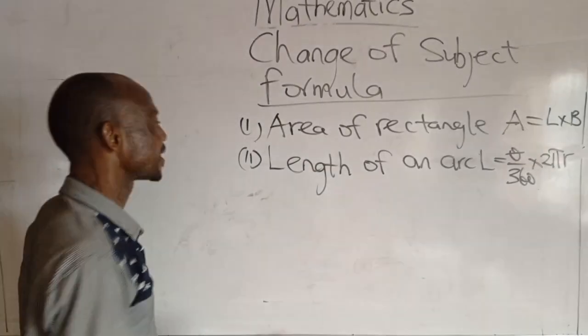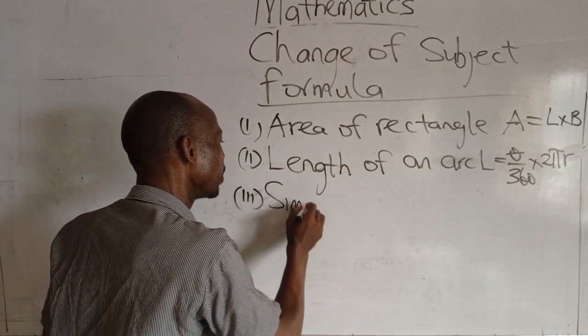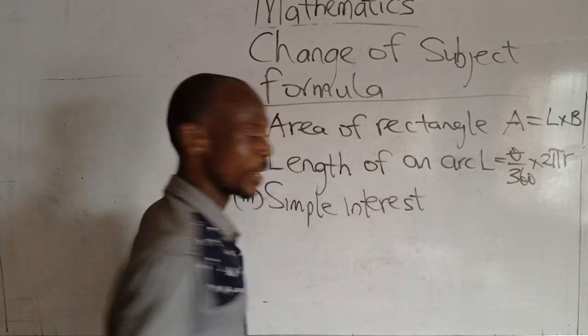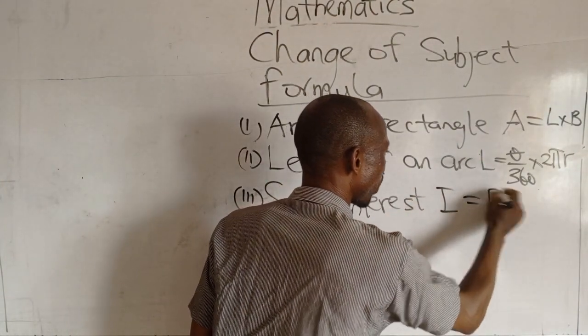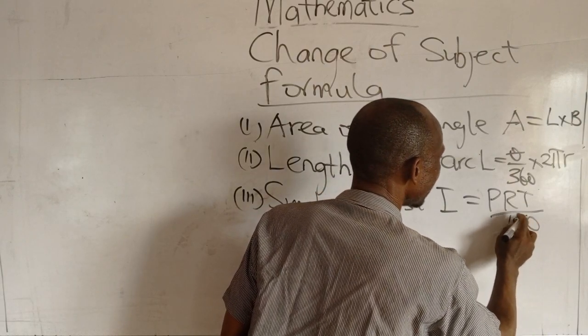We can also have another simple interest. Simple interest. I is given as what? PRT all over 100.